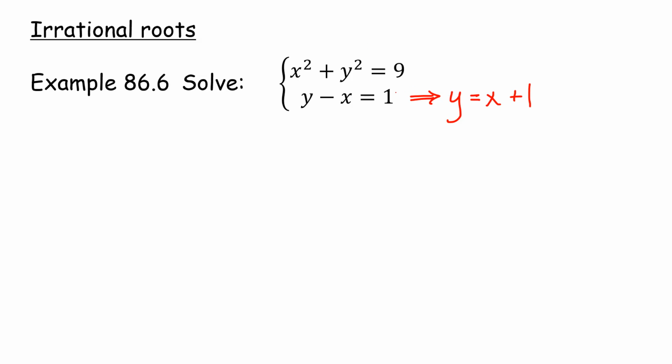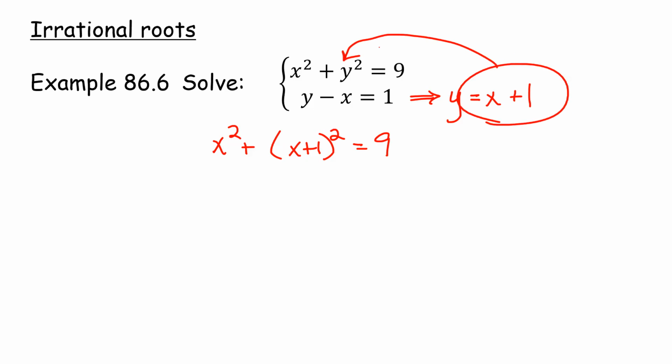You'll have to use substitution. So if we solve for y, we've got y equals x plus 1, and we're going to put that into the first equation for y. So x squared plus y squared, so x plus 1 quantity squared, and that equals 9. So I just took this value for y and plugged it in there. And when it says square, you got to square the whole thing. So now we'll multiply that out.